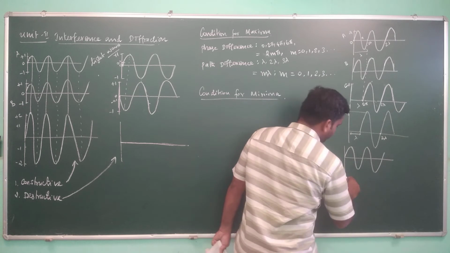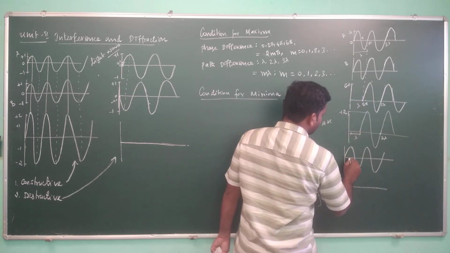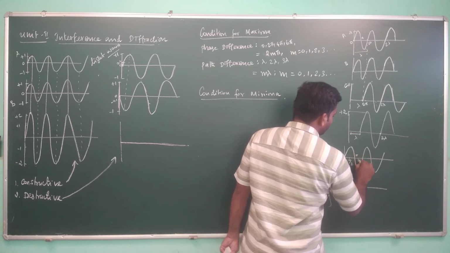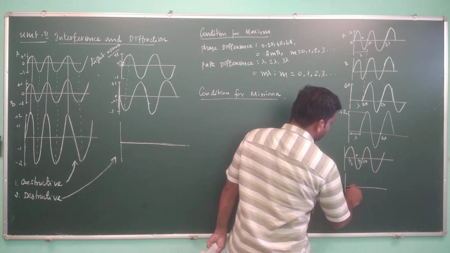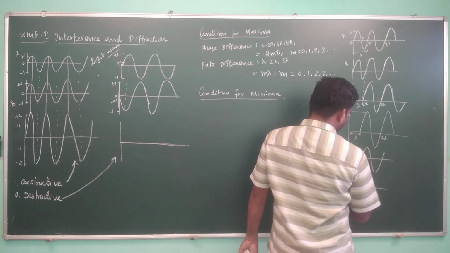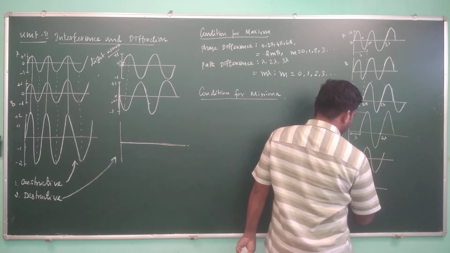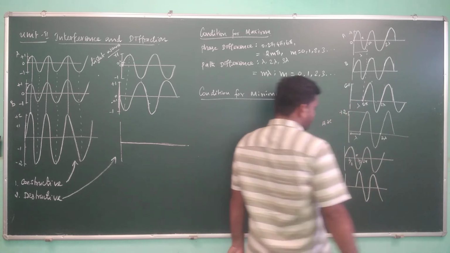This is one wave. For the other wave, this is 0, this is pi by 2, this is pi, here it is 3 pi by 2 and 2 pi, right? Now a wave which is starting from here, where a wave which is starting from pi, if it happens like this.